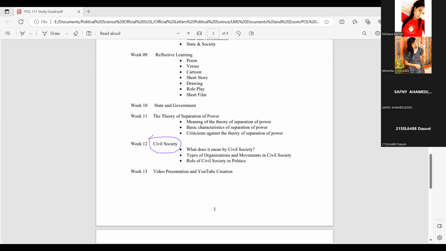right? So as political science students, we need to know what civil society is, what type of civil society organizations we have, and are engaging. Then what is the role of civil society in politics? What are their limitations, what they can do, what they cannot do, right?